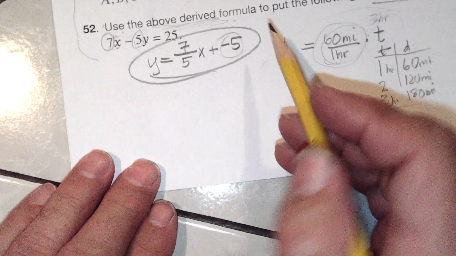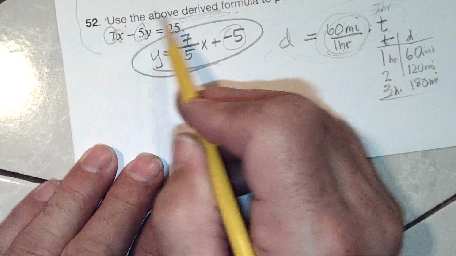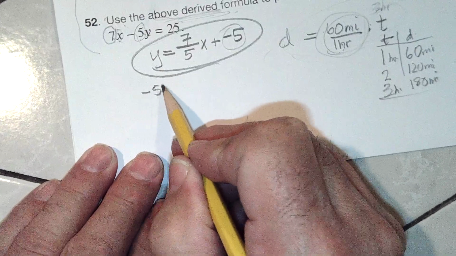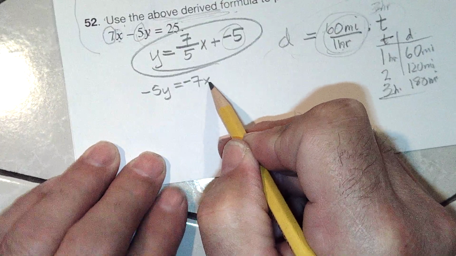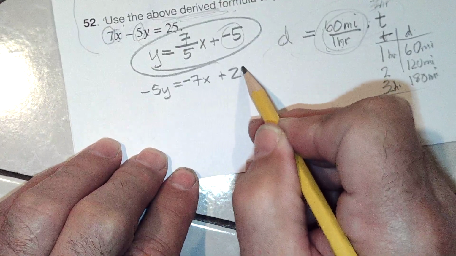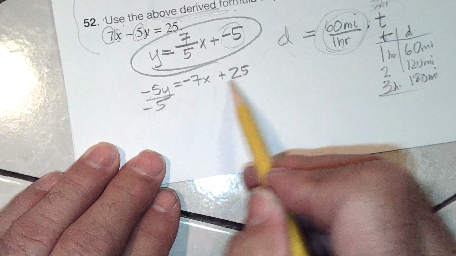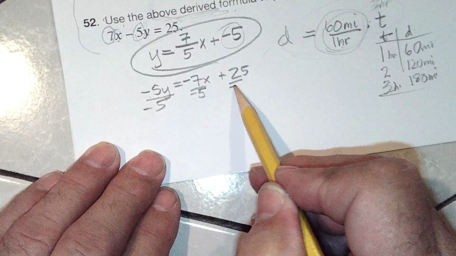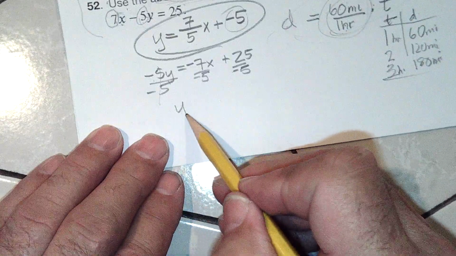Okay? Now, I could have done this the way they expect you to do. They expect you to subtract 7x from both sides. And so you would have had minus 5y equals negative 7x plus 25. And then divide by negative 5. And you get plus 1y.